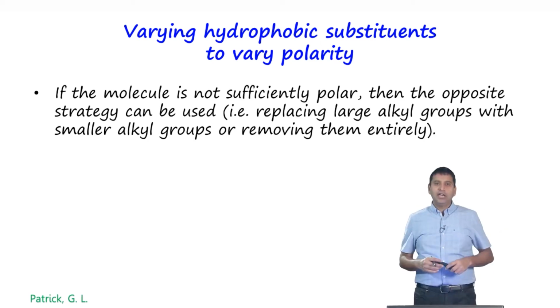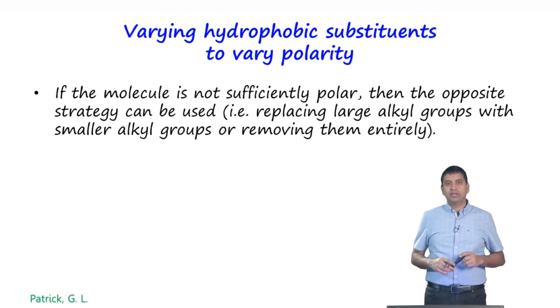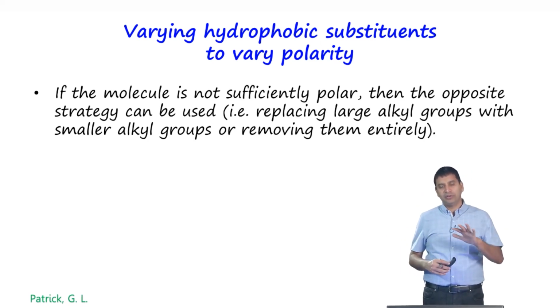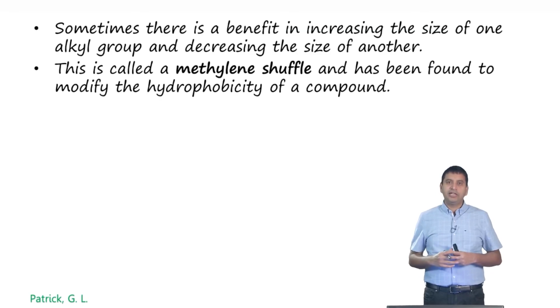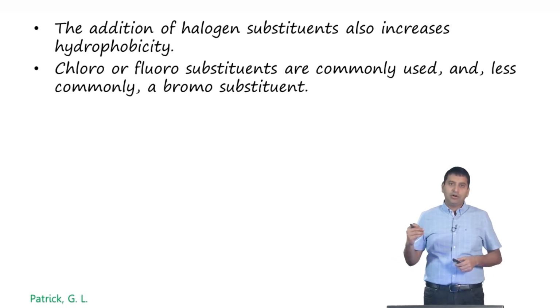If the molecule is not sufficiently polar, then the opposite strategy can be used, that is, we replace a large alkyl group with a smaller alkyl group or remove it altogether. Sometimes there is a benefit in increasing the size of one of the alkyl groups and decreasing the size of the other. This is known as a methylene shuffle, and it has been found to modify the hydrophobicity of a molecule. The addition of halogen substituents also increases hydrophobicity.